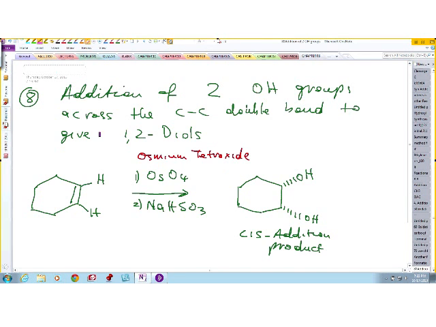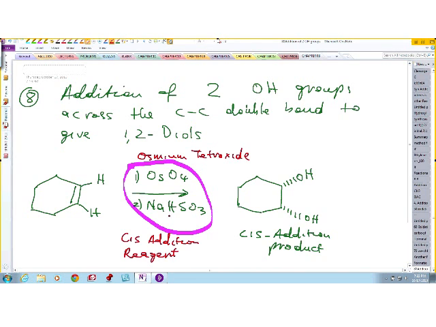So therefore, this reagent here, the osmium tetroxide, is a cis addition reagent. Sometimes you might see in some books, instead of saying cis, they use the word syn, S-Y-N.